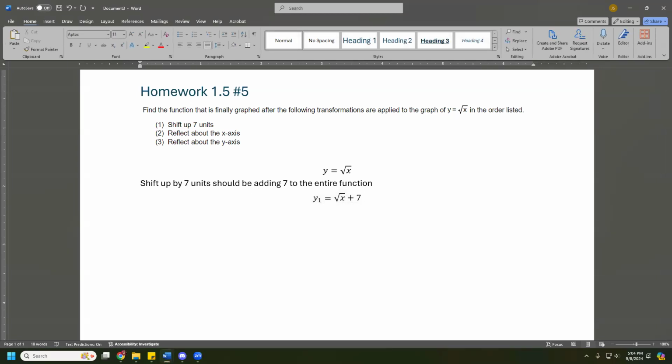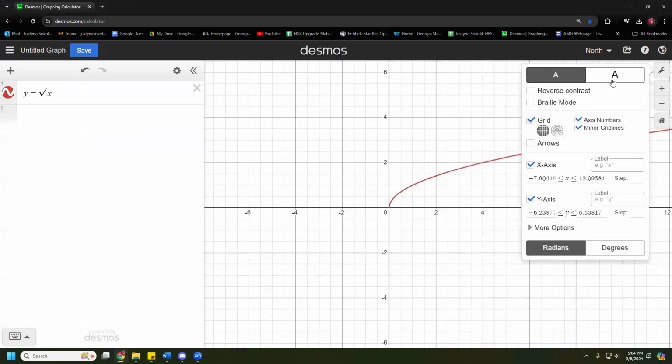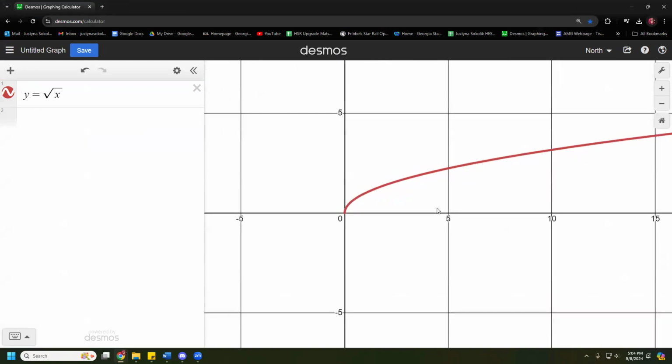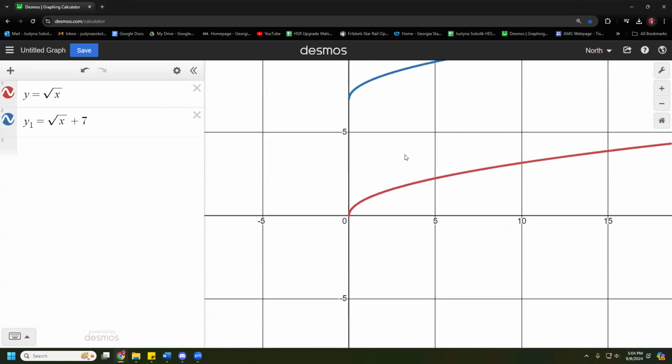And one way that you can check to make sure that it's doing what you want it to do is by hopping over to Desmos. So I'm going to say y equals square root x, and this right here is our parent function. I'm going to go ahead and turn off the extra grid lines for right now. This is what our parent function looks like. Now let's see what happens if I take this and add 7 to it.